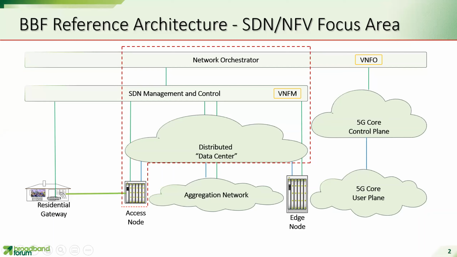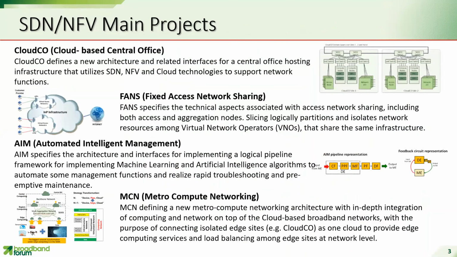There are four main projects in SDN and NFV area. Cloud CO defines a new architecture and related interfaces for central office hosting infrastructure that utilizes SDN and NFV cloud technologies to support network functions.